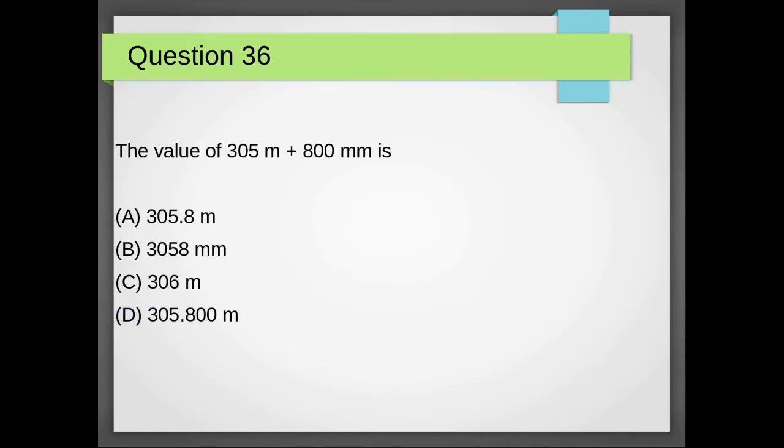Question 36. The value of 305 meters plus 800 millimeters is, there are 4 options. So now when you do the addition, I can convert the millimeters into meters. So it becomes 0.8 meters.